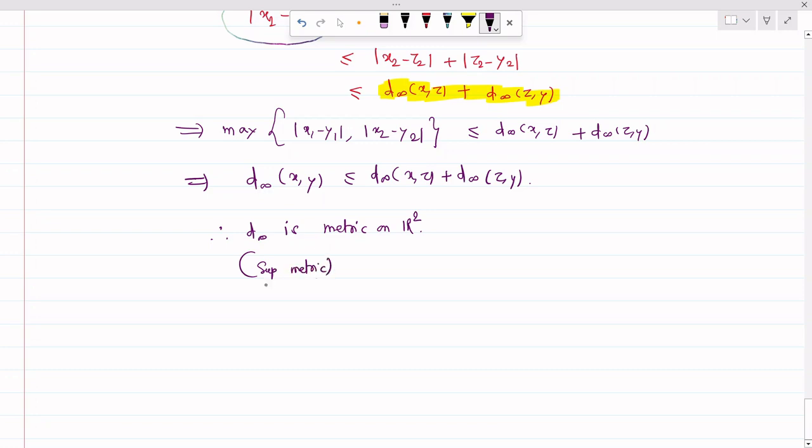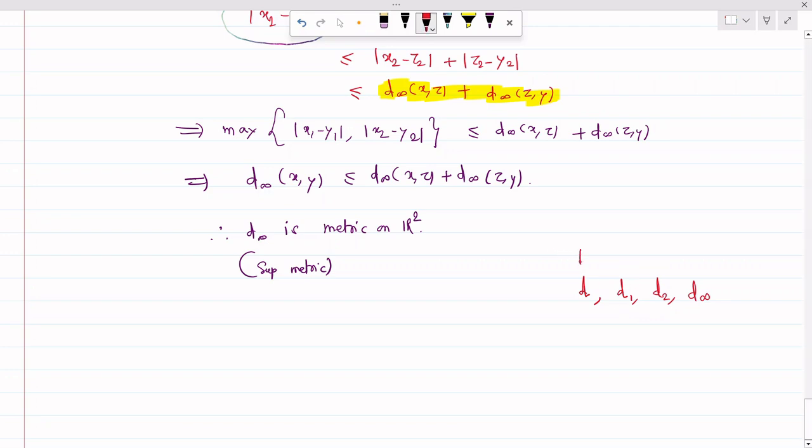Okay, fine. In the same manner, we can define numerous metrics on a given non-empty set X. But for now, in this lecture, we will restrict ourselves to only d usual metric, d1 that is sum metric, d2 that is Euclidean metric, and d infinity that is sup metric.